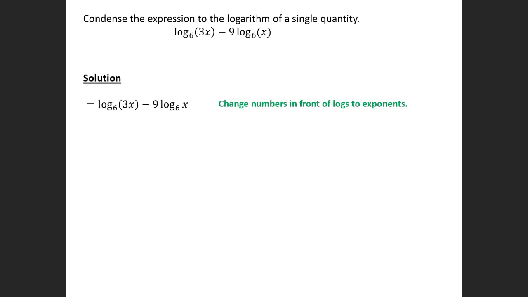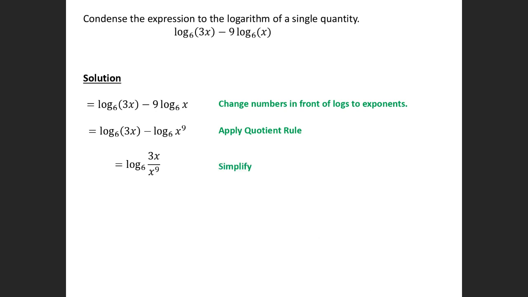So let's work this problem out. The 9, we're going to go ahead and take care of the 9 first. And I'm going to write it again as an exponent. And then we can use the quotient rule to combine these. Since these are being subtracted, we can combine with division. So we're going to have log 6 of 3x divided by x to the 9th.